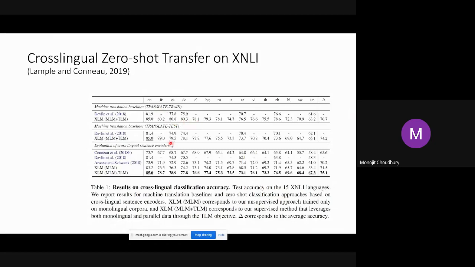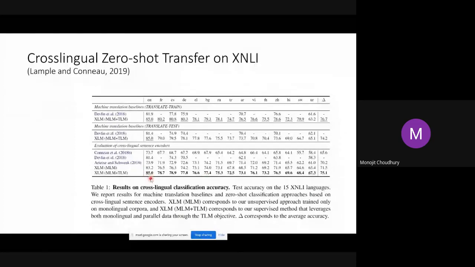Let me see. So let's first look at this last, cross-lingual sentence encoder, this part. This last row shows zero shot transfer. So you only train with English and you test on all languages. Very interestingly, of course, it's not surprising that English will have very high accuracy because you have English training data. So English got 85%.